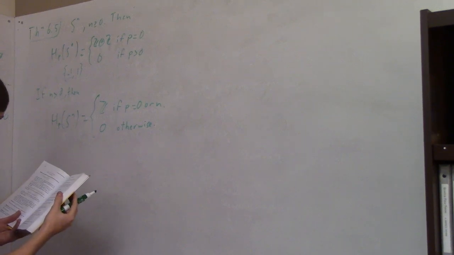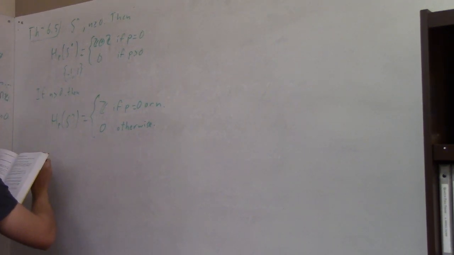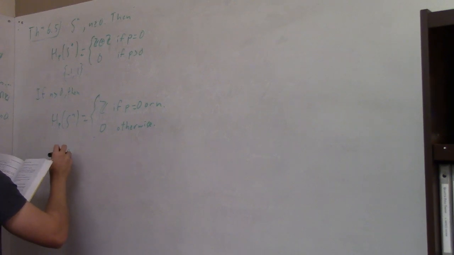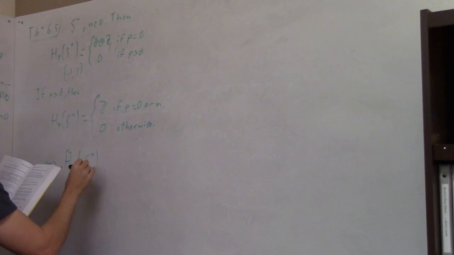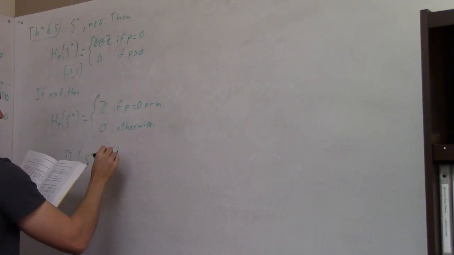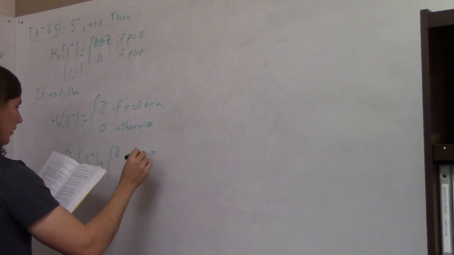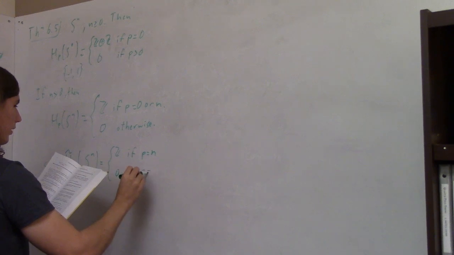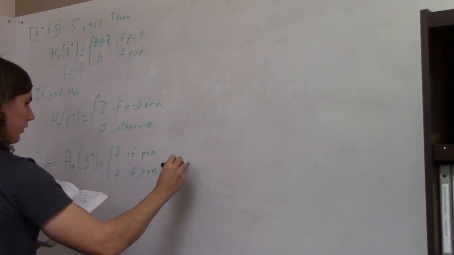Alright, and then this is equivalent to, it uses a remark, but it's actually how he proves it: the reduced homology of S^n is equal to Z if p is equal to n and 0 if p is different than n, for all n greater than 0.